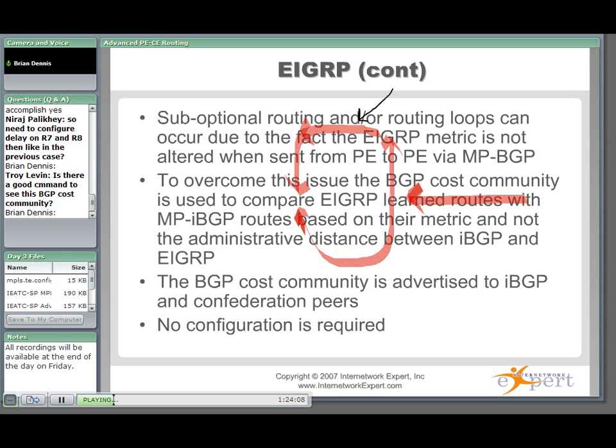Somebody asked, is there a good command to see this? When we did the show ip bgp, we had that information there. Let's look at it again real quick.